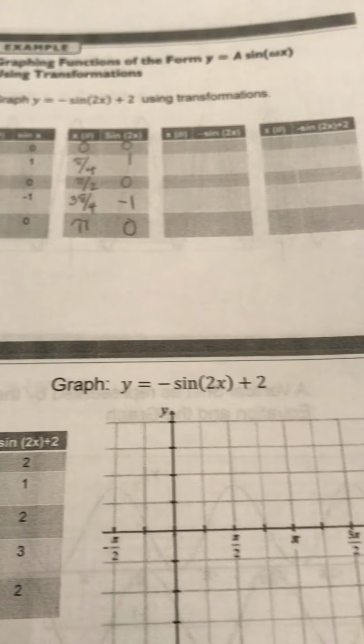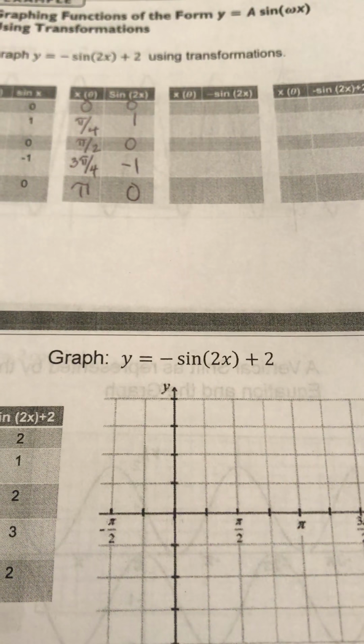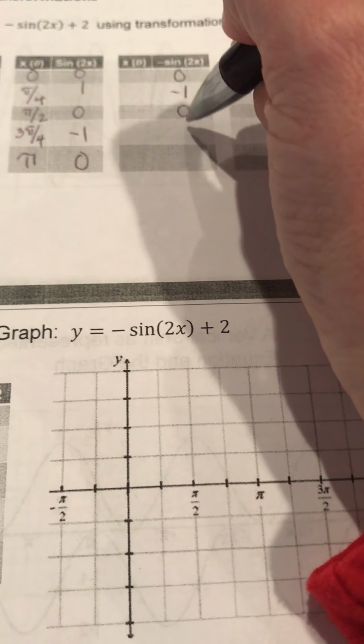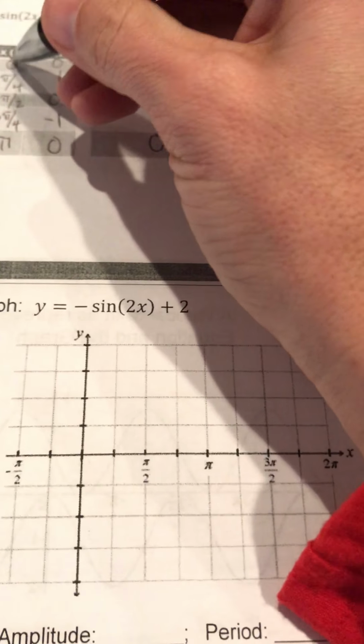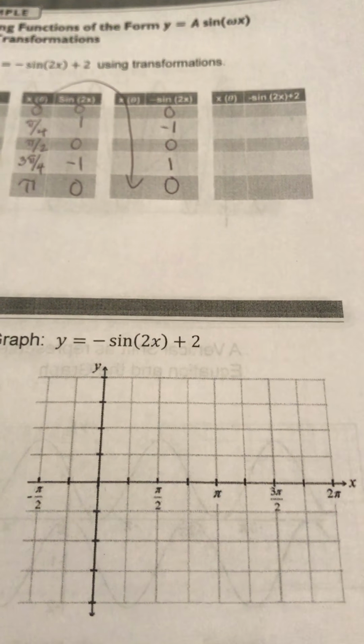Okay, in the next box there, we have a negative. That negative affects the y. So I'm going to change all the y coordinates to the opposite of what they were. The x's actually stay the same, so I'm not going to waste my time recopying them, but they would stay the same.